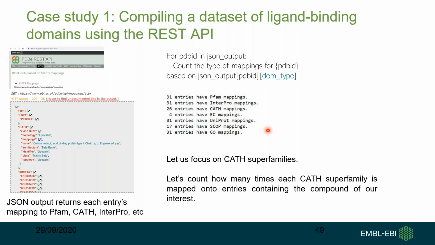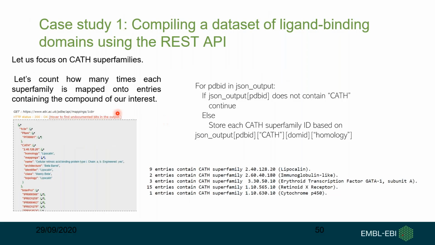Let us focus on just 1 mapping, and let's just choose CATH mappings. So we know that 26 entries have CATH mappings, but how many CATH superfamilies are within those CATH mappings? Let's count that. To do that, what we have to do is simply first to look through the JSON output again. And if the domain type does not contain CATH, we continue.